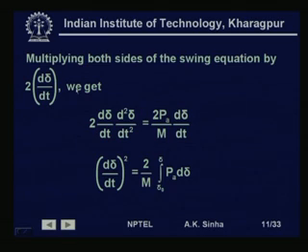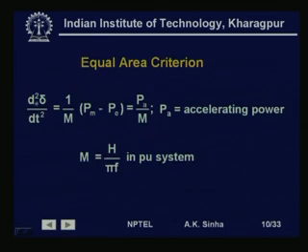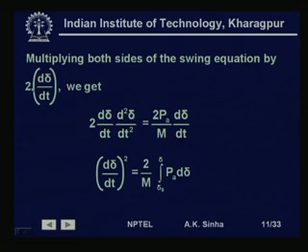Now, if we look at this equation, d2 delta by dt2 is equal to Pa by m, we multiply both sides by 2 into d delta by dt. Then we get 2 into d delta by dt multiplied by d2 delta by dt2 is equal to 2 Pa by m into d delta by dt.